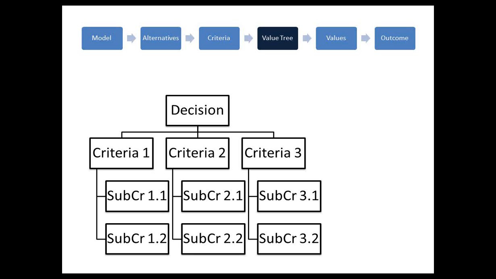A more pragmatic approach is also related to the effort needed to weigh all these criteria, and dividing your value tree in more levels can reduce the number of value judgments you have to make, or that the respondents to your analysis have to make.